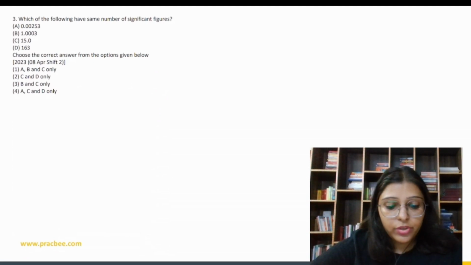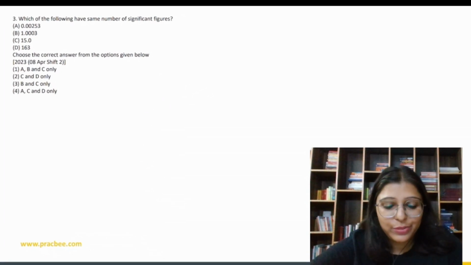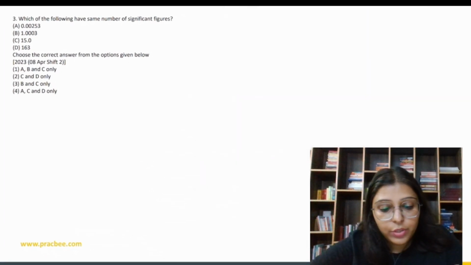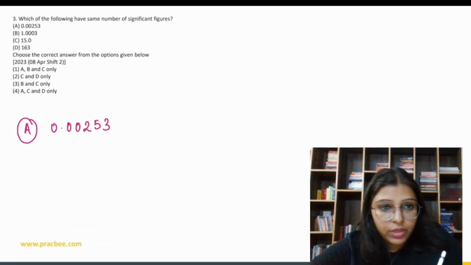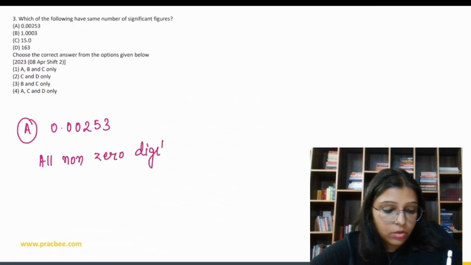The next question is very easy. It is based on significant figures. Which of the following have the same number of significant figures? Suppose A is 0.00253. We know that all non-zero digits are significant.